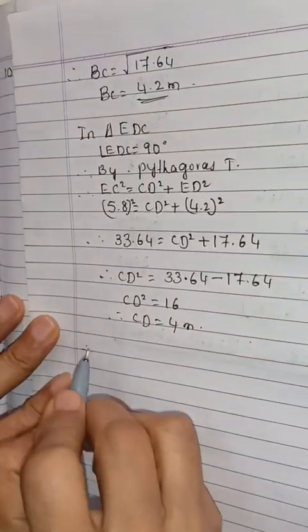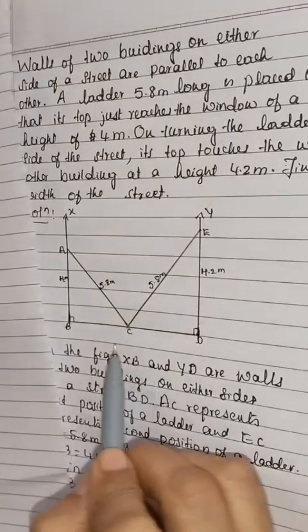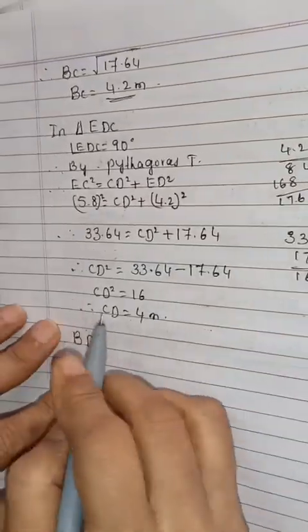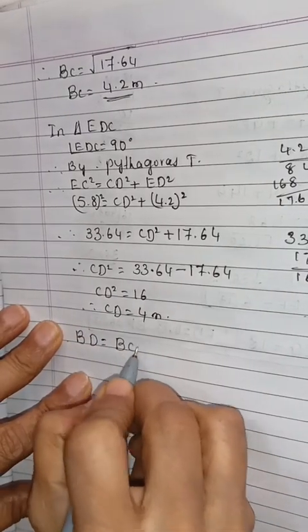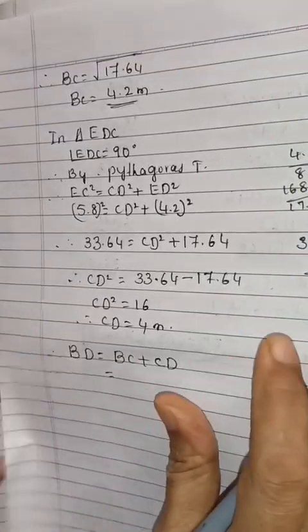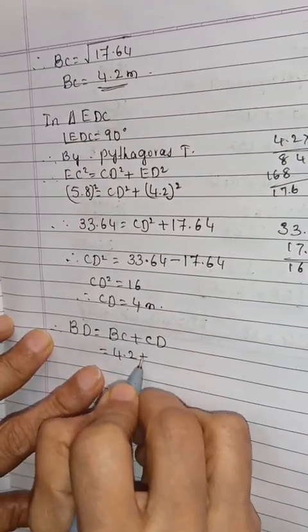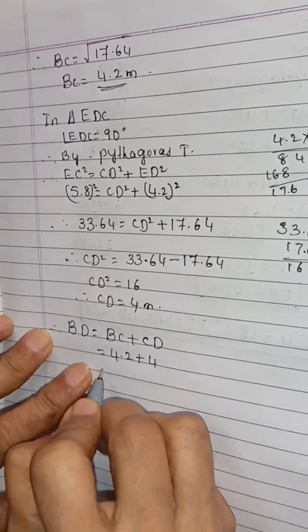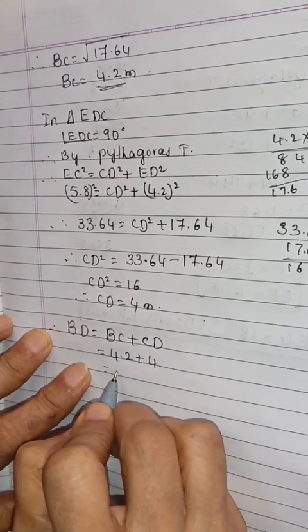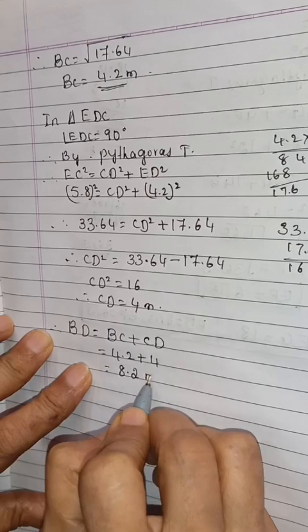Now we have to find the width of the street. BD we have to find out. Therefore BD is BC plus CD. BC is 4.2, CD is 4. That is 8.2 meter.